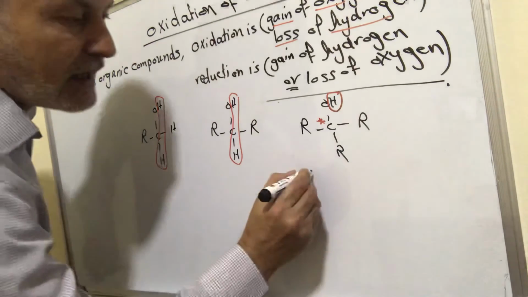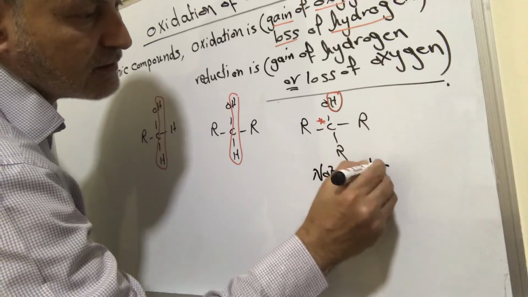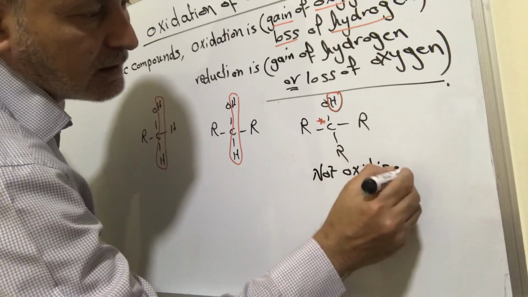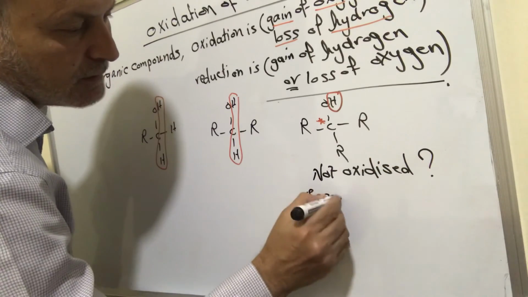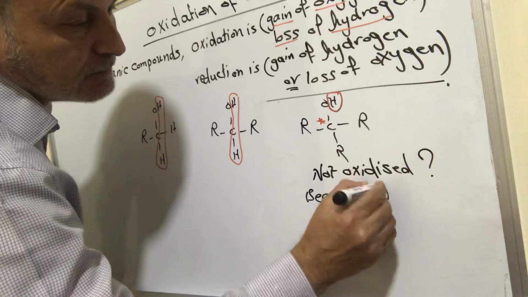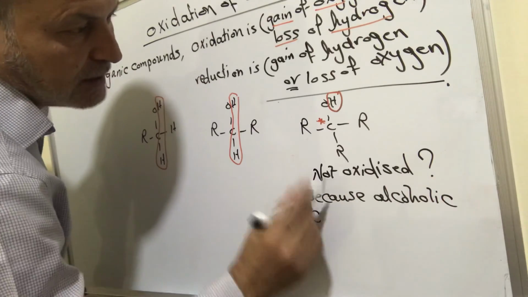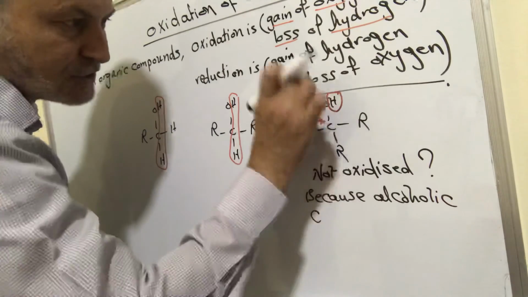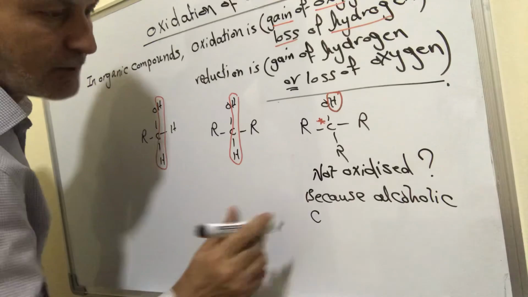Tertiary alcohol is not oxidized. Why is that? This is a normal question, because the alcoholic carbon, you know what I mean by alcoholic carbon? This one, the one that holds OH. It is called alcoholic just to distinguish it from all other carbon atoms.